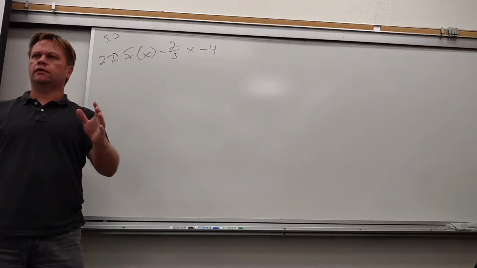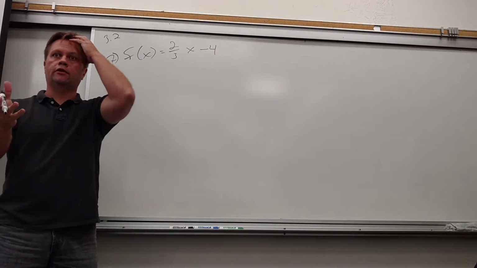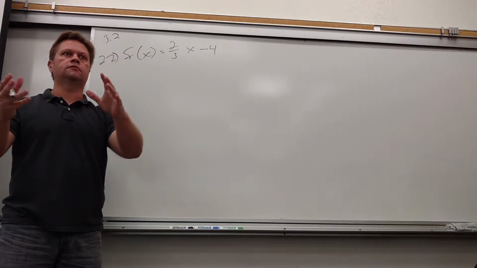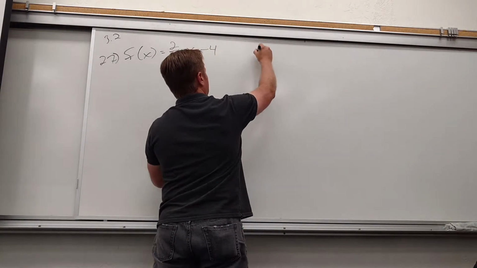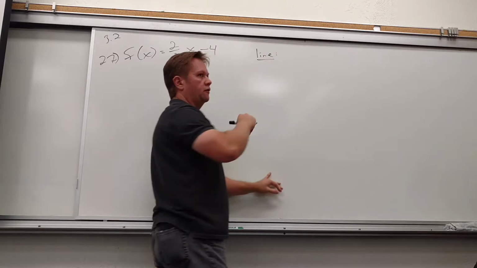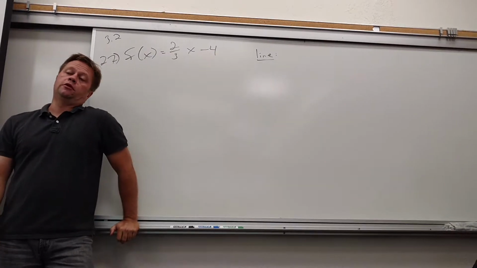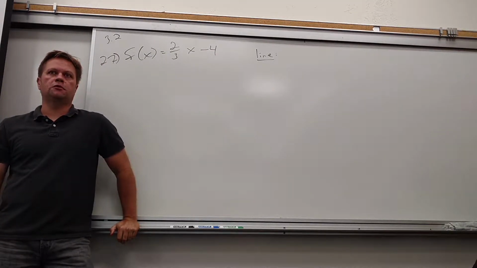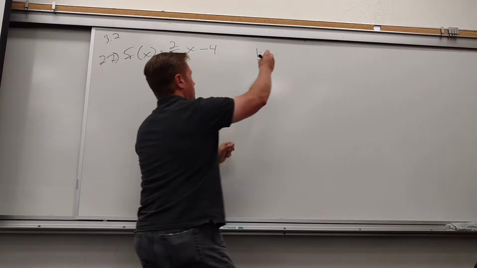So can somebody tell me what the slope of this is? Is it in the right form? What's the right form for, well, the only form we've talked about, but there's other ones, what's the right form for a line? y equals mx plus b.